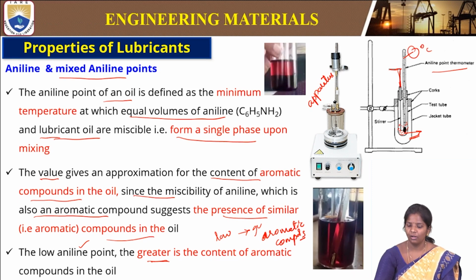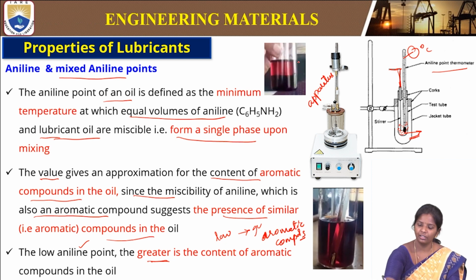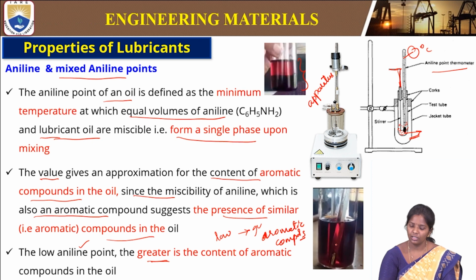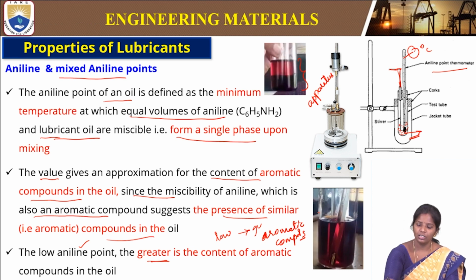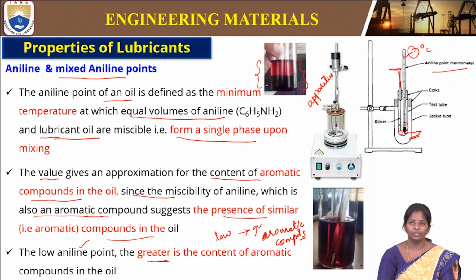So what happens when there are two different phases? This is how the separation is, but at one point it is completely miscible. So there is no separation of phases. After some time, when we keep it away from heating, it again separates into two different phases.